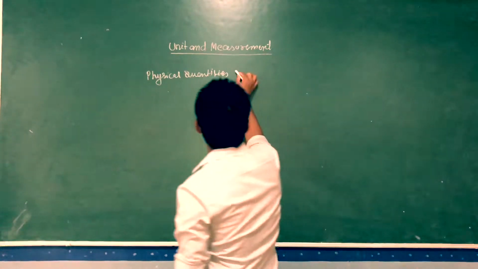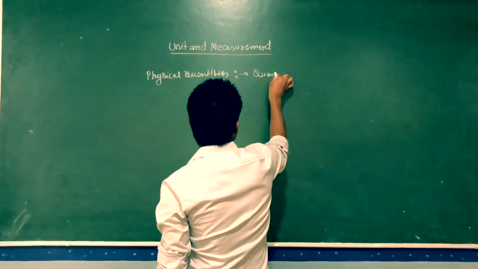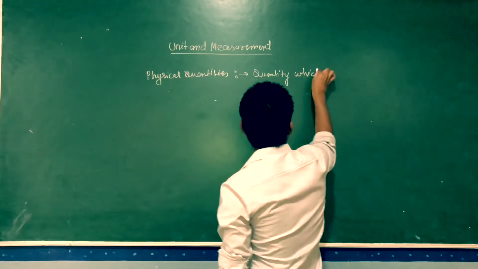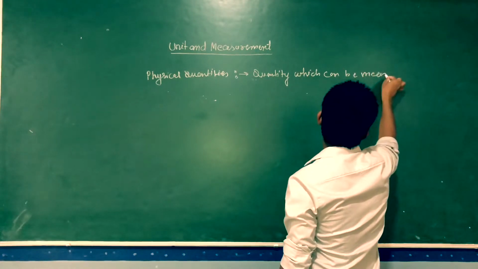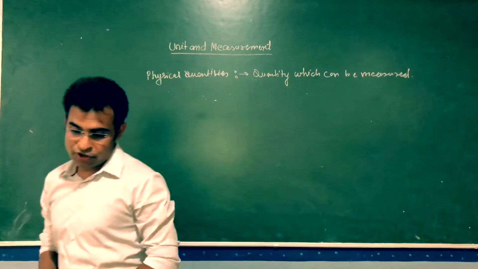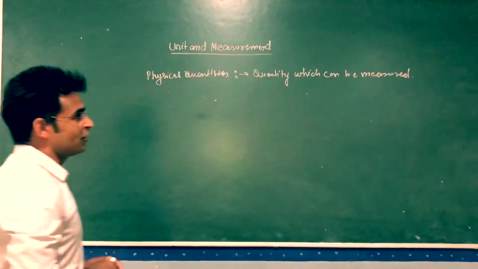So the definition of physical quantity is a quantity which can be measured. Any quantity which you are able to measure is called a physical quantity.